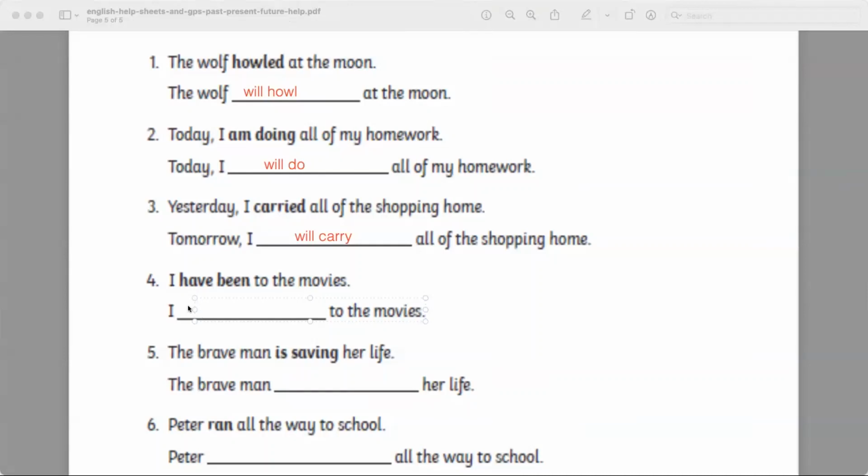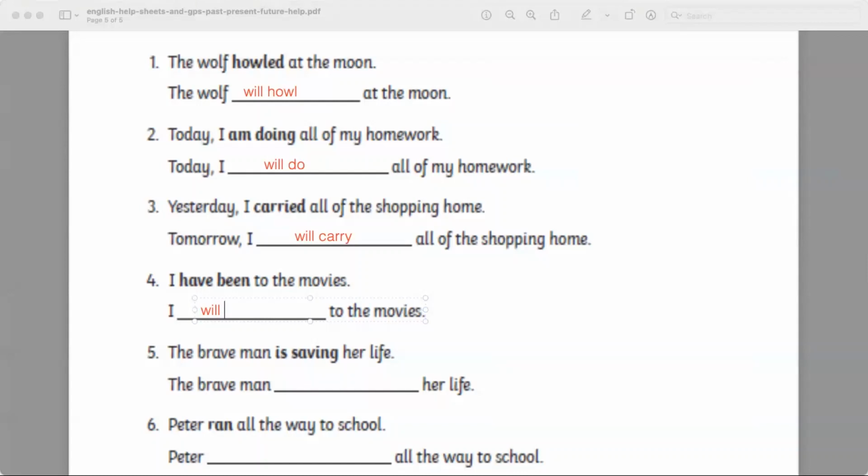So the first sentence says I have been to the movies. So you've been to the movies in the past tense. So if you're going to the movie, how will you say that? I will have... So how will you say that?